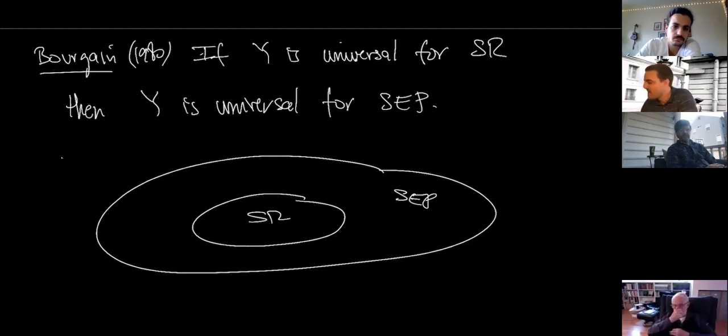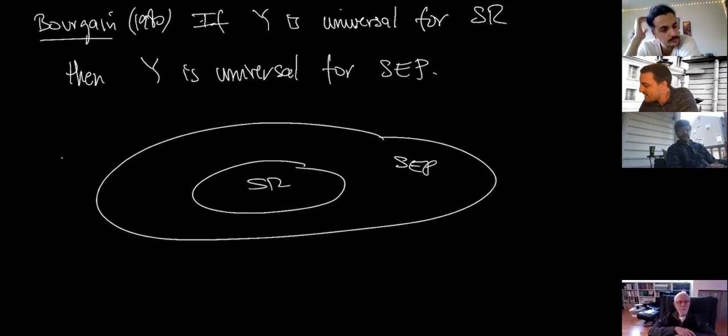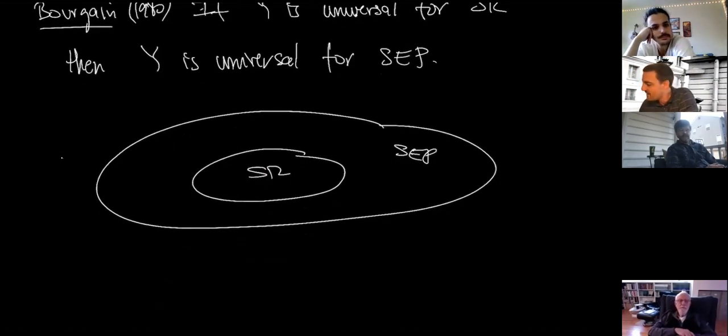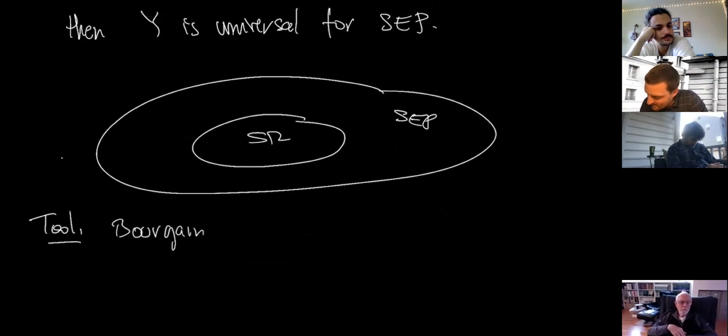Okay, so there is something deep going on here, and the tool that Bourgain used to do that is Bourgain's index theory for basic sequences.